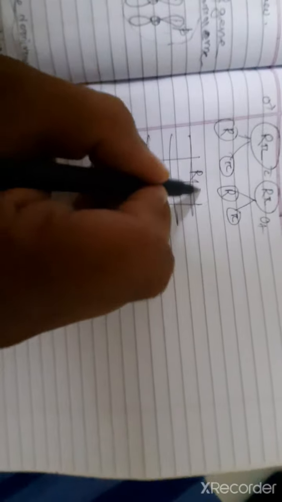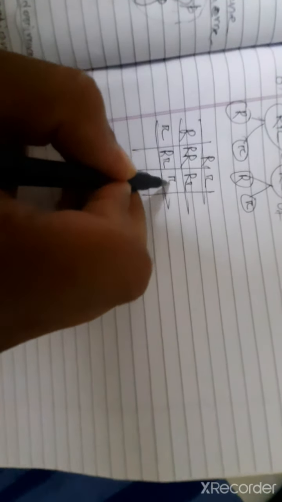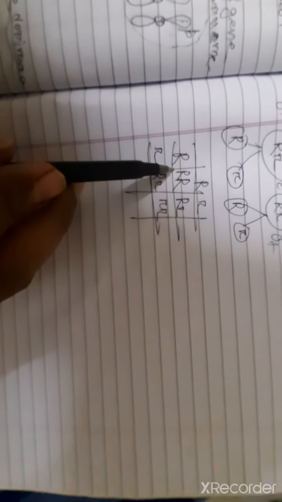Then if you draw the Punnett square again in F2 generation, capital R, small r, then we will obtain capital R, small r, capital R, small r. Here you see, RR. That means here dominant R is also here, dominant R is also there. That means it is pure dominant, R means it is red.